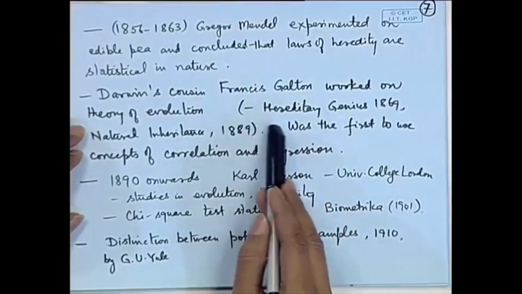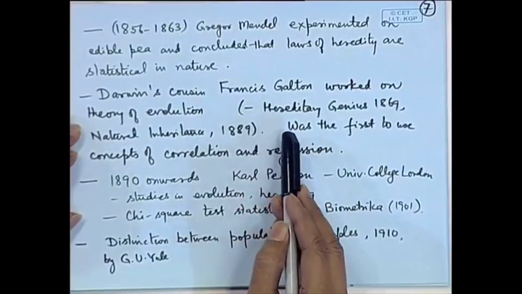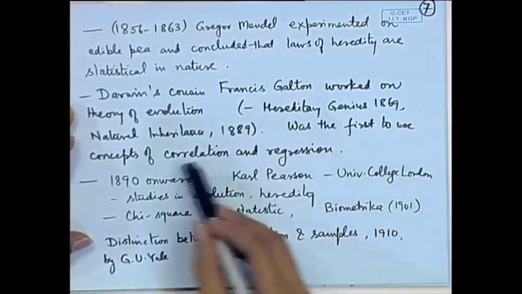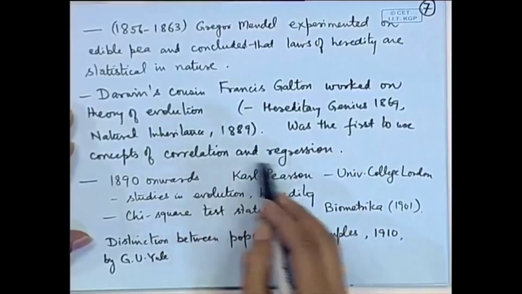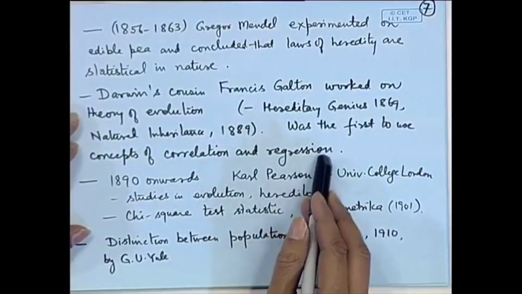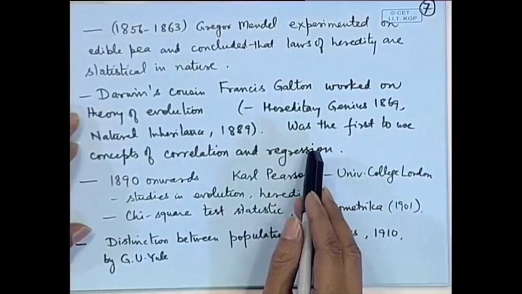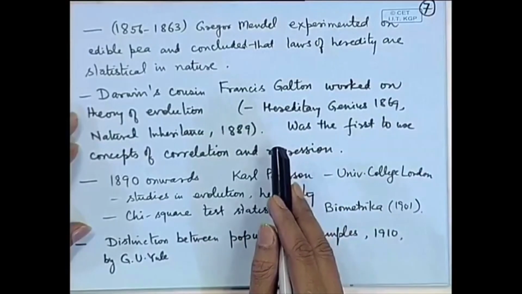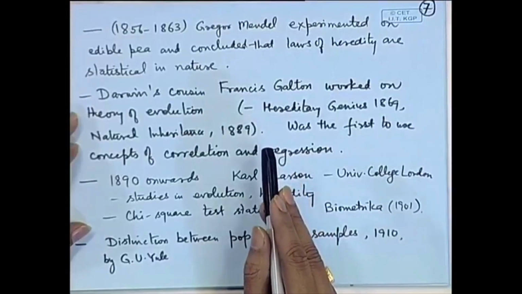He observed that many of these hereditary laws are statistical in nature, and therefore he introduced the concepts of correlation and regression in his studies. In particular, he studied the heights of children in comparison with the heights of their parents.